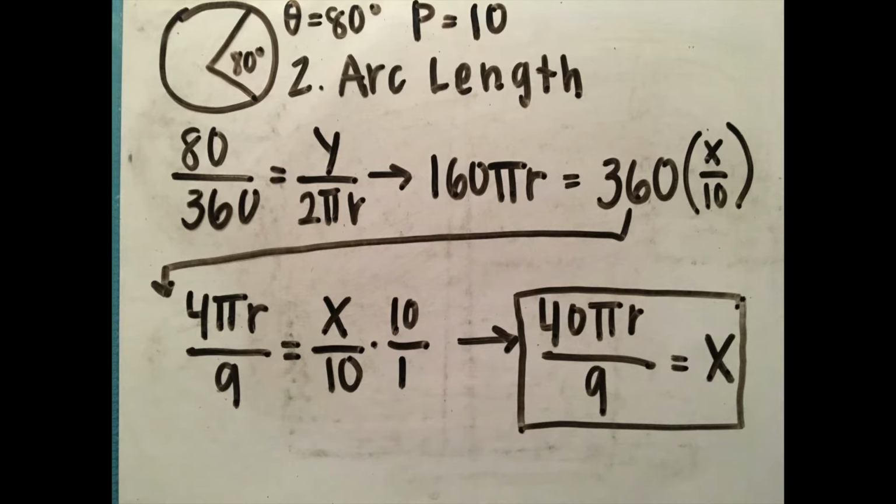Next I divided that whole thing by 360 to get 4 pi r over 9 is equal to x over 10, and then I multiplied that whole thing by 10 to isolate x, and so I got x to equal 40 pi r divided by 9.